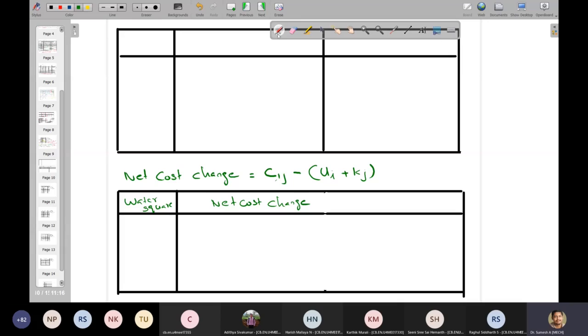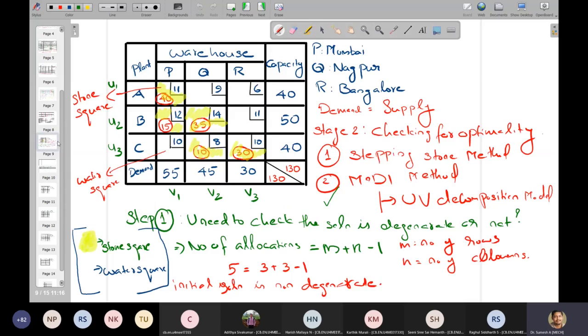Right. So for calculating the net cost change, we have vacant squares here: AQ, AR, BR and CP.